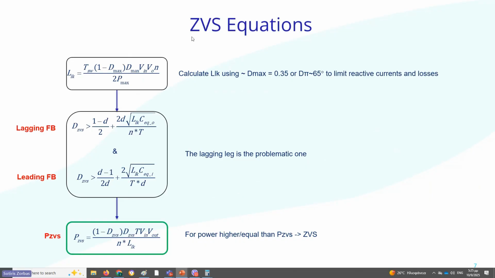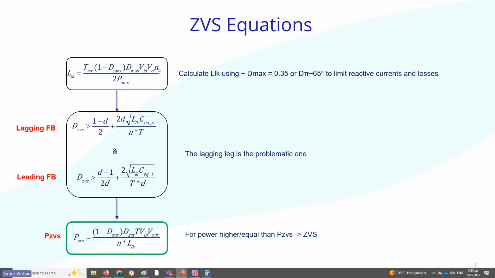Okay, now zero voltage switching equations. The workflow looks like this, at least the one I follow. You first have to find the leakage inductance. I mean, you know the maximum power that you want to transfer, right? You know the input, you know the output.